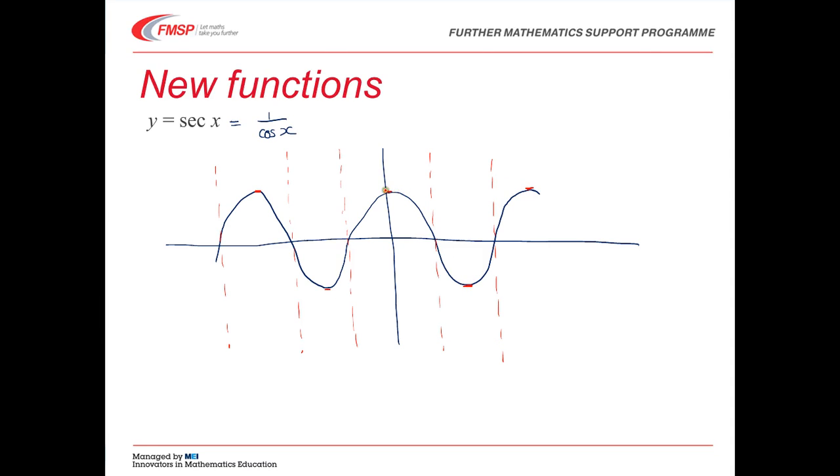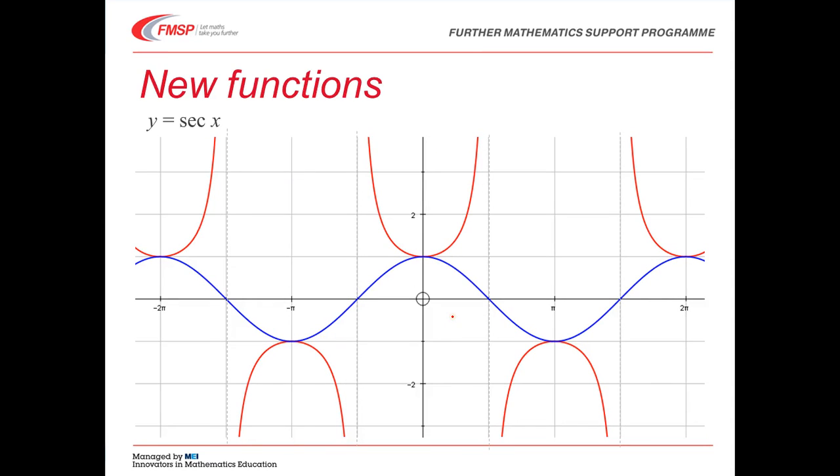And then as cos decreases from 1, sec is going to increase, and as cos increases from -1, sec is going to become more negative. And we get a shape something like this.